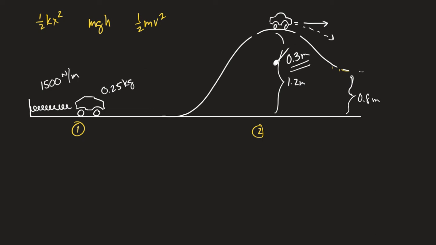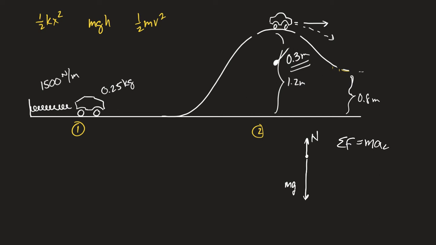When the car is up here, there are two forces acting on it. I know that for the car to stay in circular motion, the net force has to be equal to mac.